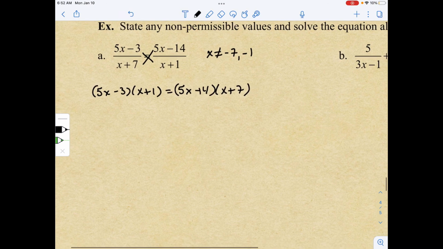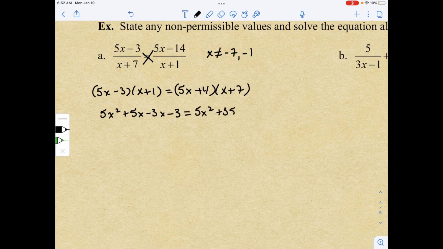And so, of course, we're going to distribute both sides there. And we get 5x squared, 5x minus 3x minus 3, and on our right hand side we've got 5x squared plus 35x minus 14x minus 98. Okay, and we can see that we've got a 5x squared on both sides, which we can just subtract.